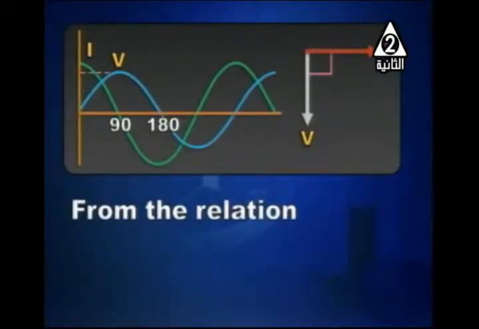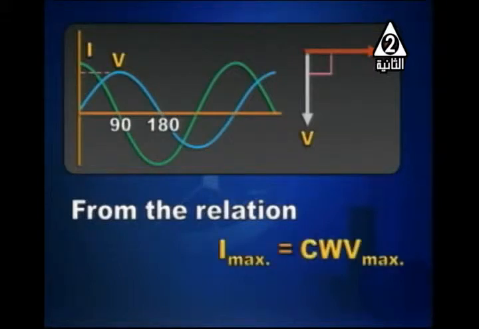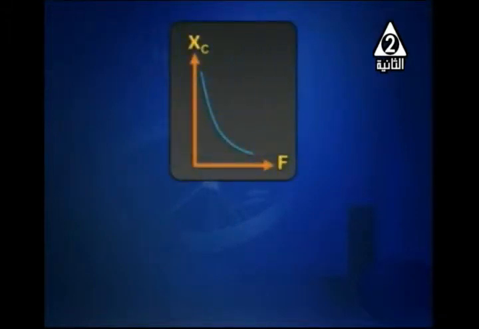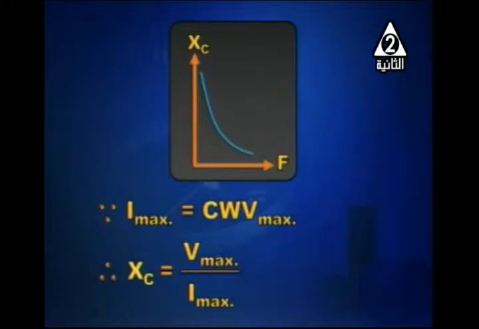From the relation I maximum is equal to C omega V maximum, we can determine the capacitive reactance as follows. V maximum over I maximum equals XC, and it is equal to 1 over C omega, and omega equals 2 pi f.